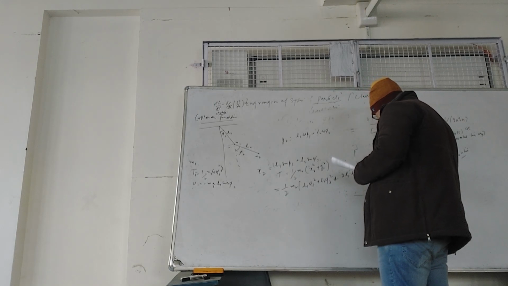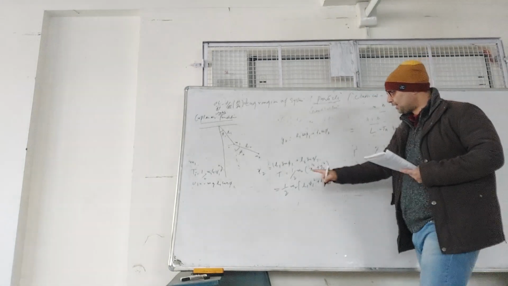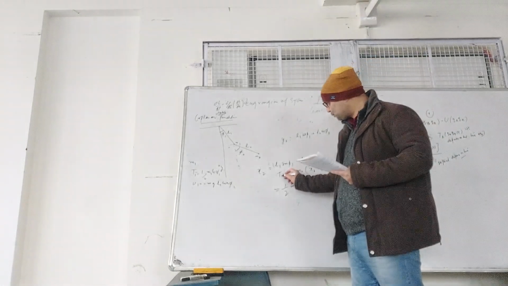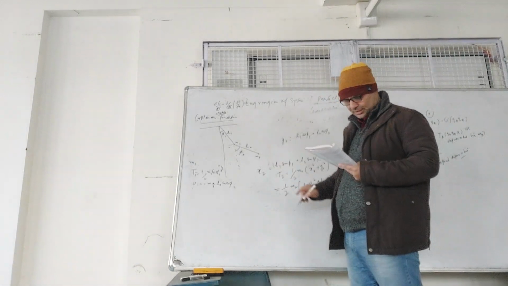So we can write the energy of this system T2 as this matrix.